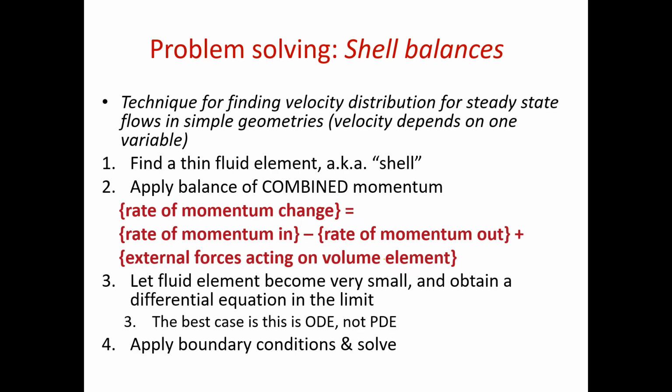In this case, what can change momentum is a force acting on the fluid element, so I have to have some sort of body force, like gravity. Gravity will be the most common force.